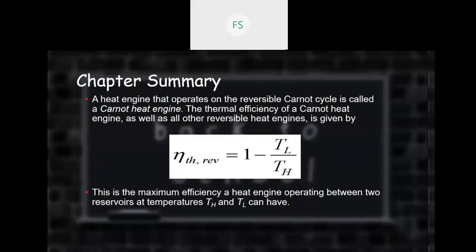Then a heat engine that operates on the reversible Carnot cycle is called a Carnot heat engine. The thermal efficiency of a Carnot heat engine as well as other reversible heat engines is given by 1 minus TL over TH. And this is the maximum efficiency a heat engine operating between two reservoirs at temperatures TH and TL can have.